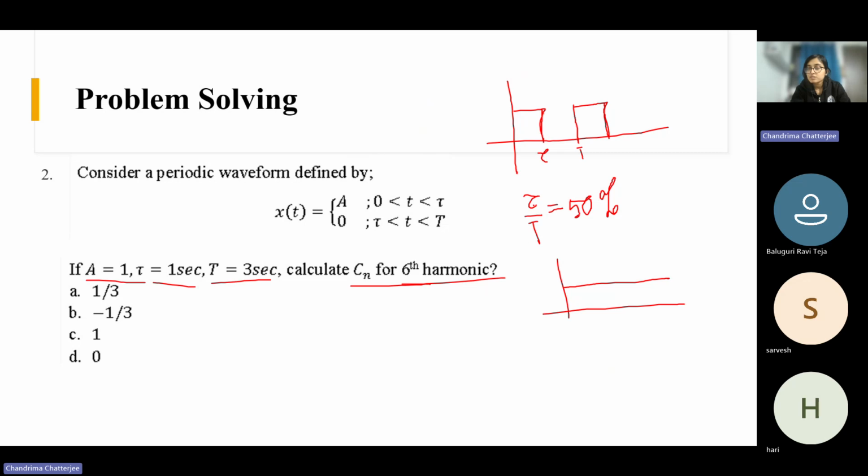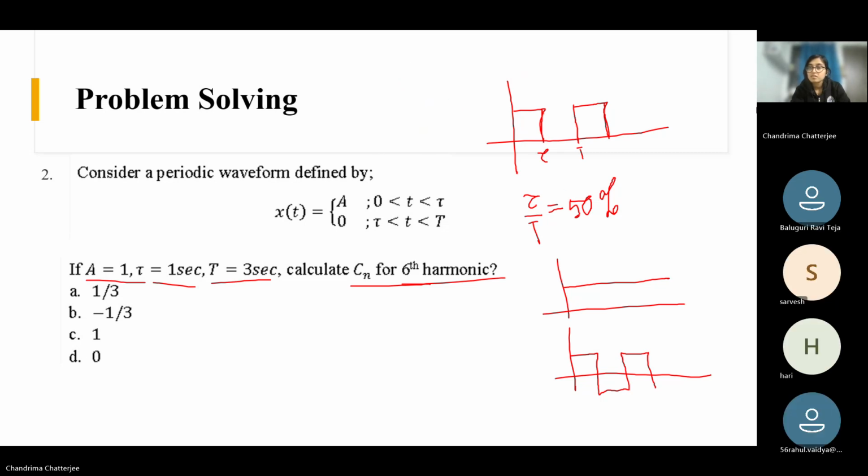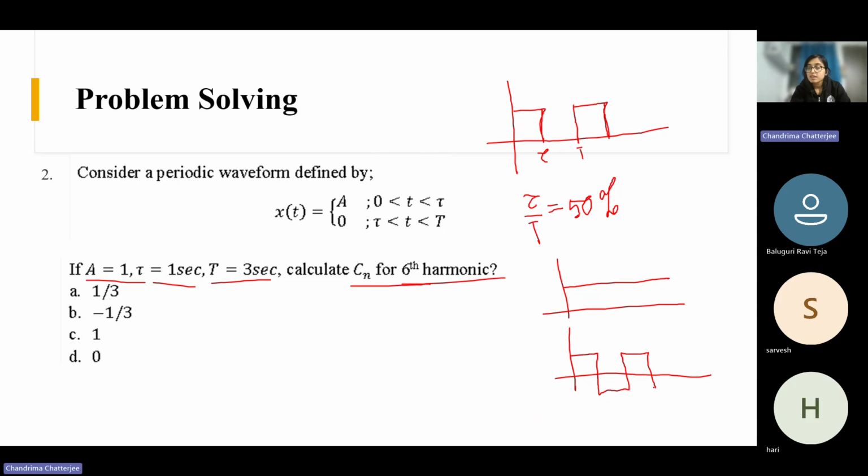That is the DC value, the average value. If we subtract this average value from the actual waveform, we will get something like this. Then you can understand that this has half wave symmetry. Are you familiar with this term, half wave symmetry?